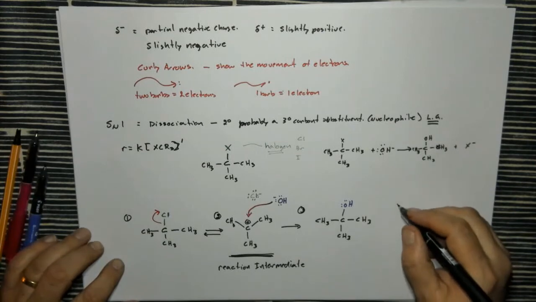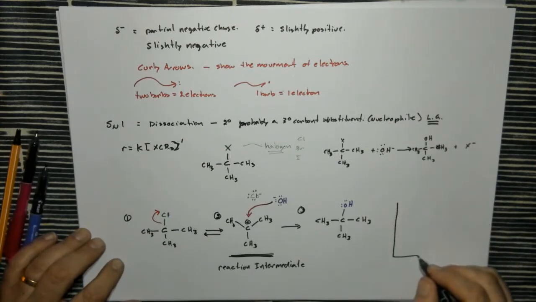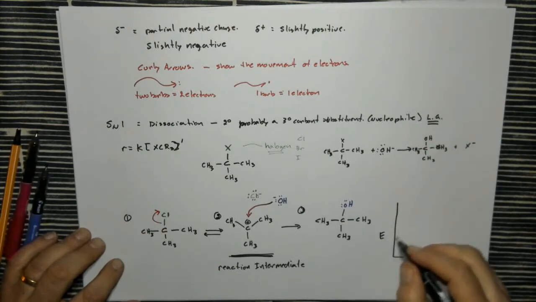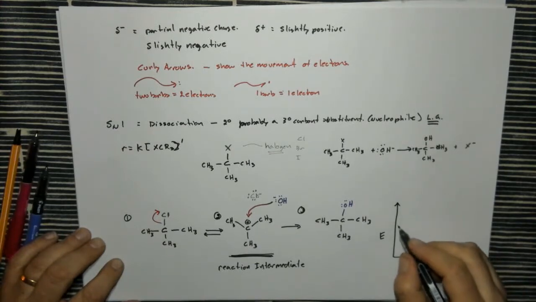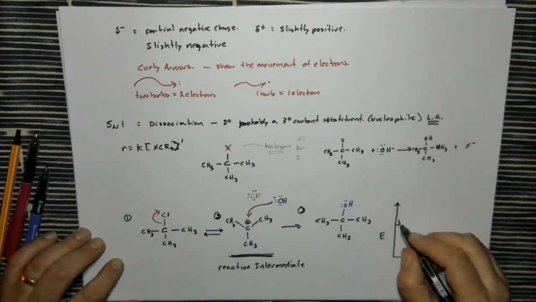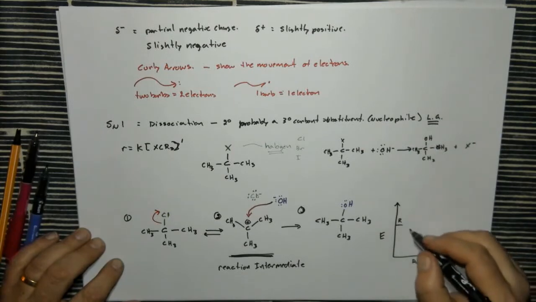Now, if you want to represent this as an energy diagram, we have energy on this axis and the reaction progression on this axis. We have our reactants starting here and our products down here, so we're assuming this is an exothermic reaction.